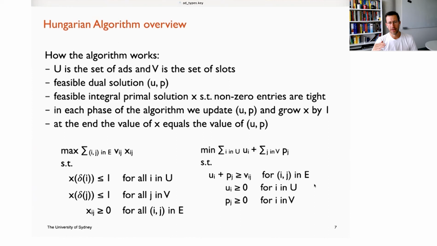And then at the end of the phase, we are able to grow the primal solution by 1. Since I don't decrease the size of the solution, eventually I will have matched everyone that is there to be matched. And the property is that at the end of the algorithm, the value of the primal and the dual are equal, and therefore we have an optimal primal solution.